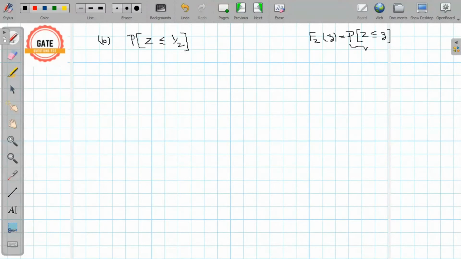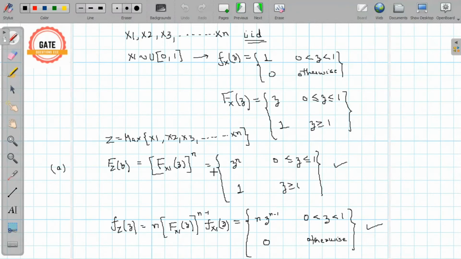Comparing this probability with that, we can see this will be equal to the CDF of Z at sample value small z equal to 1/2. So we can put small z equal to 1/2 in the expression of the CDF, and from there we can easily calculate this probability.